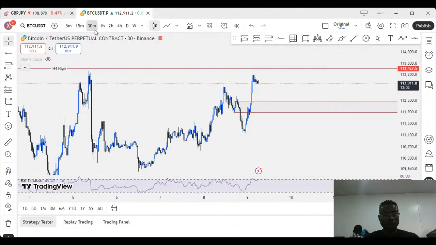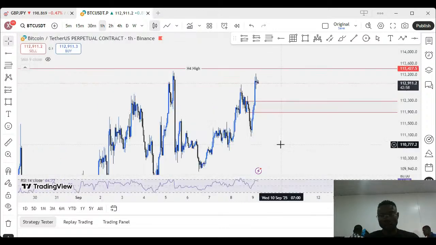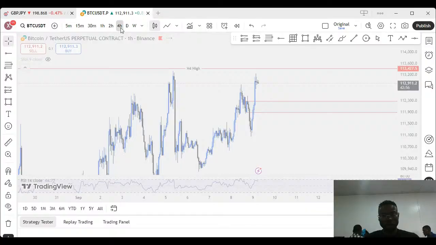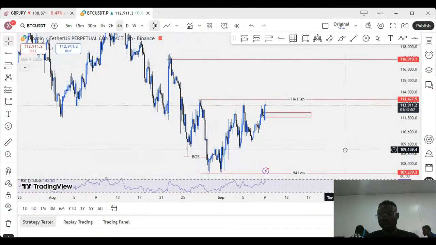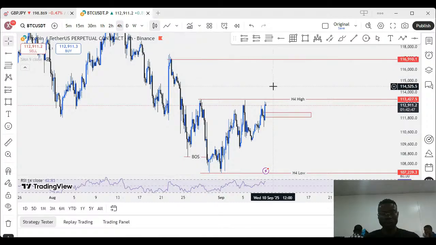So my bias on BTCUSD is a buy. It's a buy to the level of $116,000, $117,000. Let's just put in a random number: $117,000.